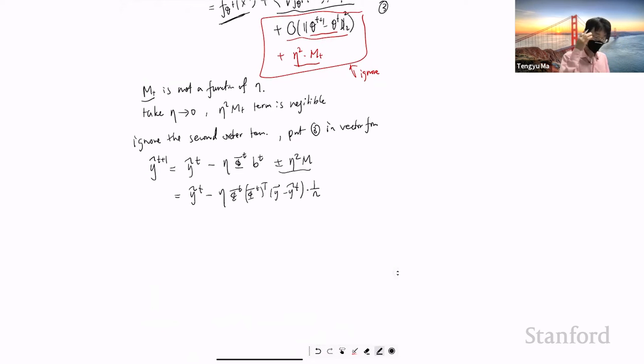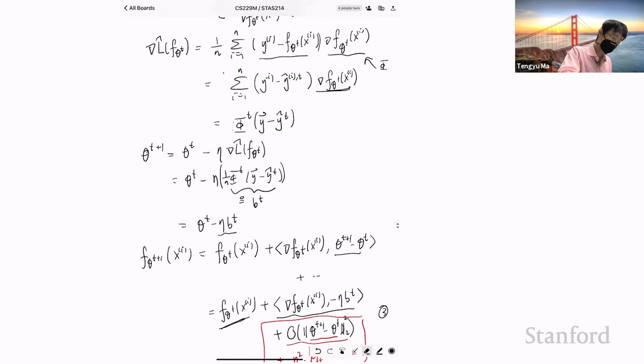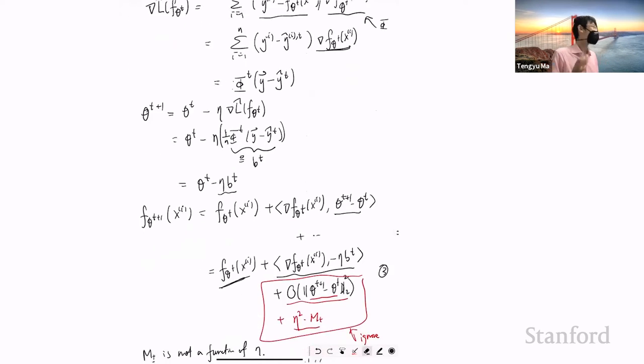So let me ignore the 1 over n forever, because you can redefine a loss function however you want, right? Let's say we just don't have 1 over n in the loss function.